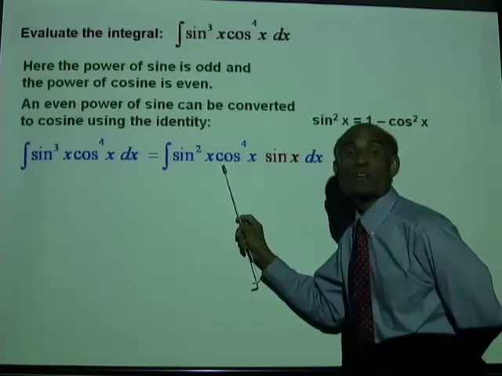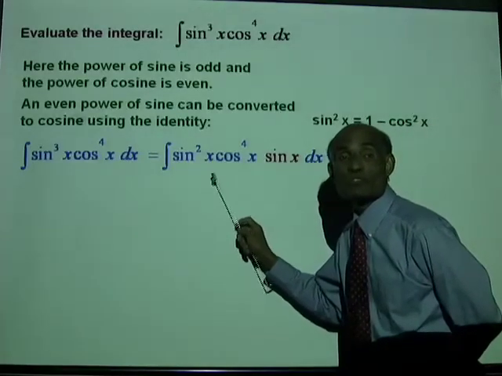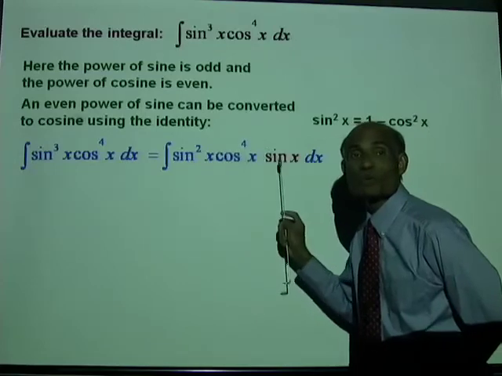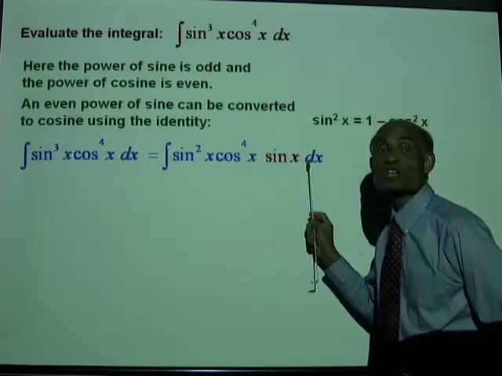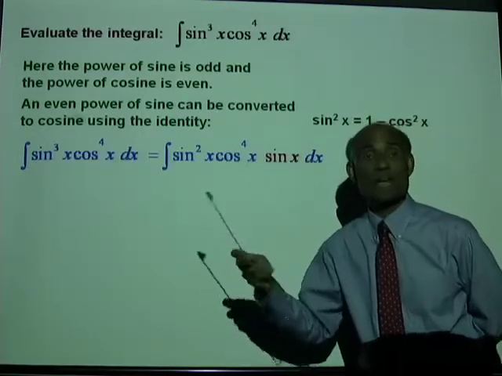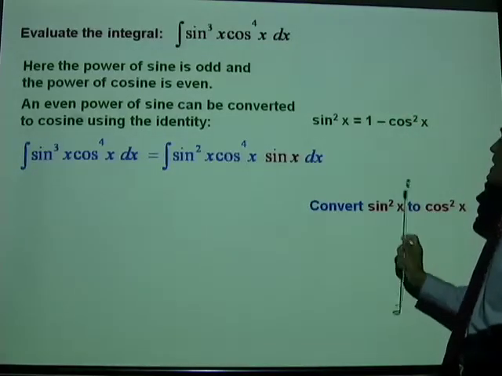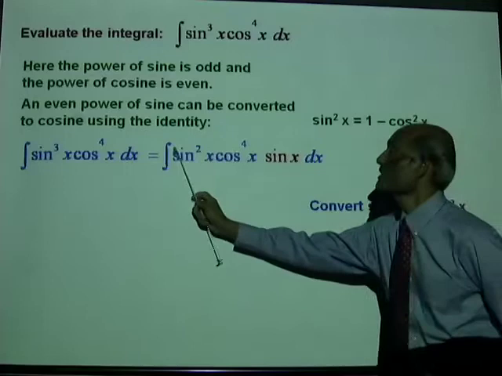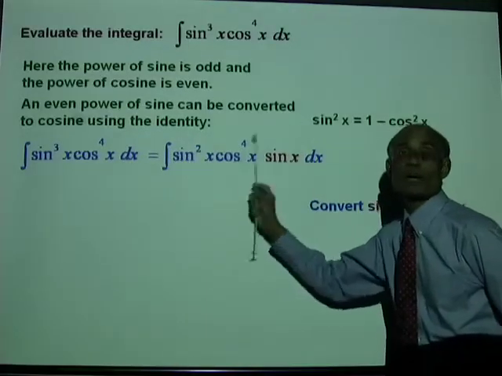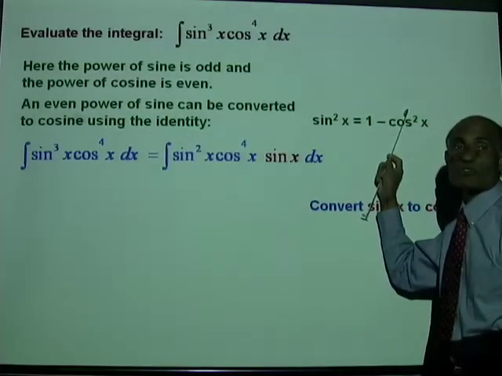And we can then make a substitution, cos x equal to u, then this sin x dx will become du. That's the rationale. So we convert now sin squared x to cos squared x. Convert this sin squared x to cos squared x like this.